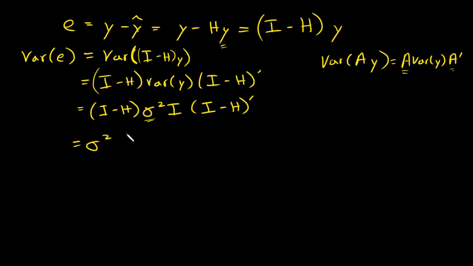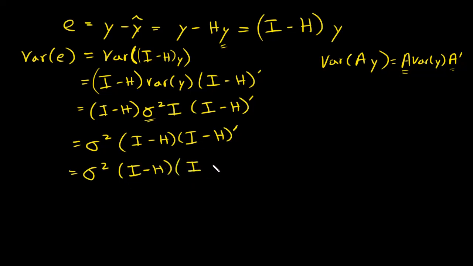I'm left with sigma squared times (I minus H)(I minus H) transpose. Now I can simplify this. Let me bring the transpose in. I transpose is just itself, and H transpose is also just itself because H is symmetric, so that transpose didn't matter. Now I can multiply: I times I is just I, because that's just a bunch of ones.